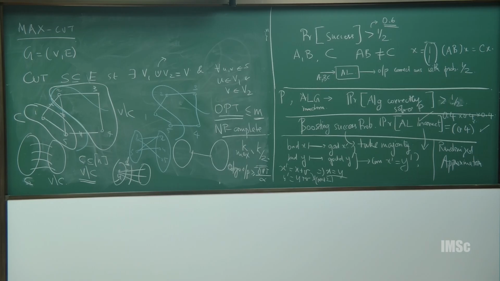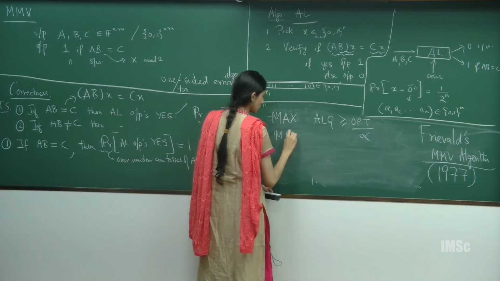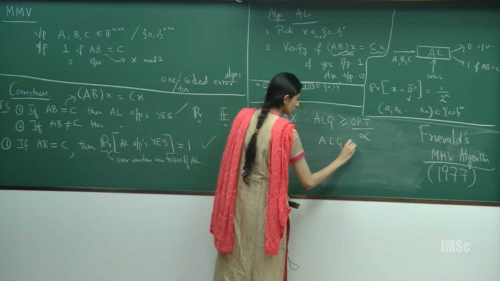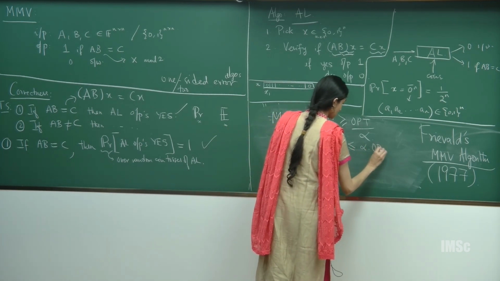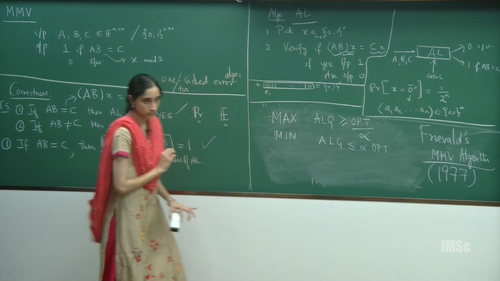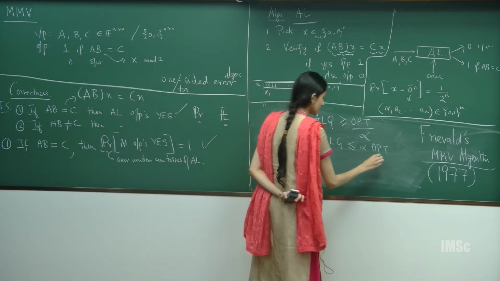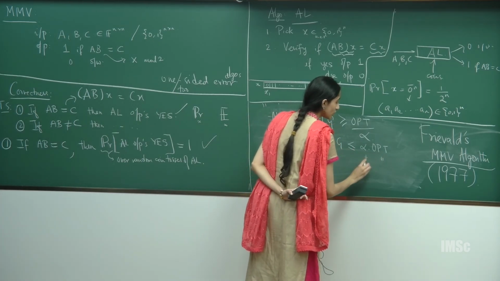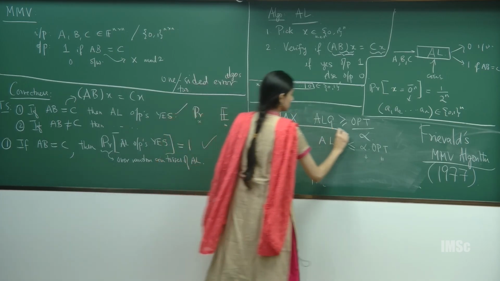So for a maximization problem, you want the algorithm's answer to be at least opt by alpha, and for a minimization problem, you want the algorithm's answer to be at most alpha times opt. So the optimum maybe is 10. I am not that far away from 10, but we will see only maximization.